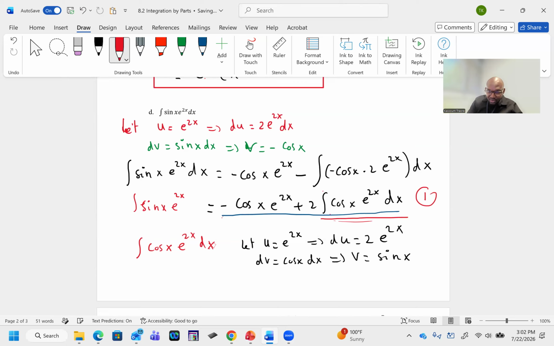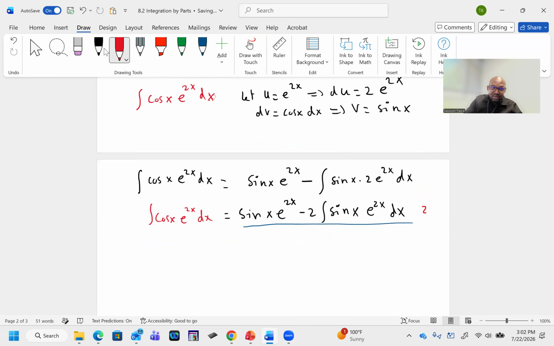So I'm going to substitute the integral of cosine x e to the power of 2x into equation 1. So now, result in equation 1. That's what I'm doing, okay?